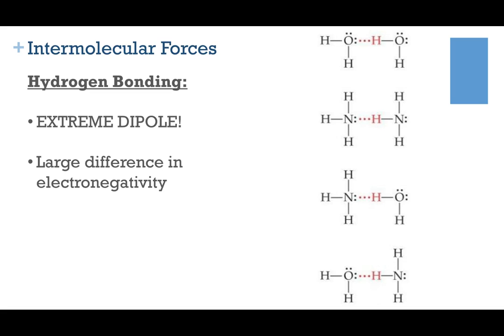So the only guys that are going to be involved in hydrogen bonding are hydrogen-fluorine, hydrogen-nitrogen, hydrogen-oxygen. And if you were to look at the electronegativity difference between hydrogen and these three atoms, they're on the upper end of the spectrum.